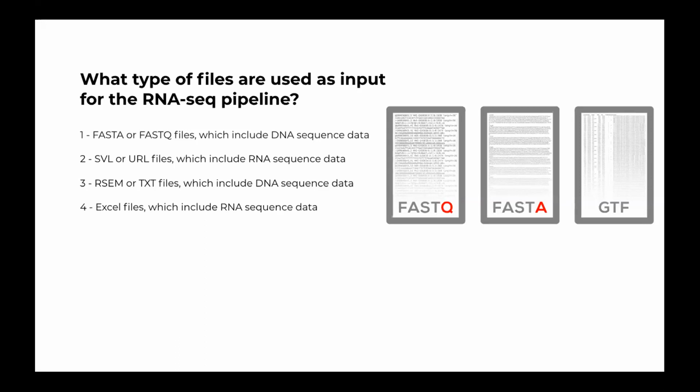So also remember, the actual sequences that we are looking at in DNA are, I think everyone knows, ACTG, not ACUG as in RNA. So can you tell me what is the difference between FASTA, FASTQ and GTF files? I think we did cover that as well.